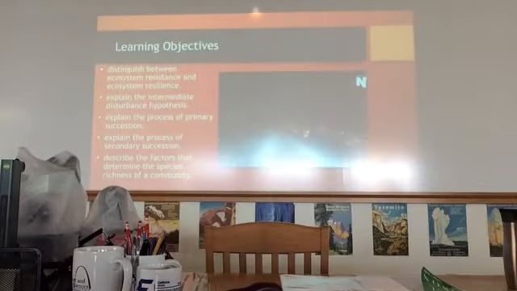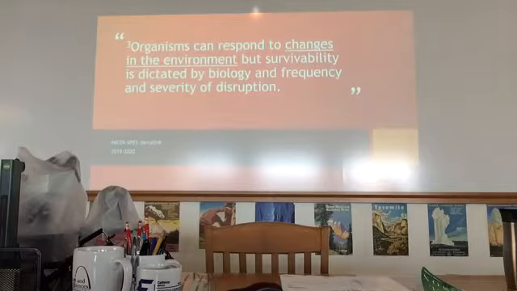So with that, let's start here. This is one of the big central pillars of our class, and I underlined the key stuff that we're really going to focus on today. Disturbance is a stand-in for changes in the environment. The third statement is, organisms can respond to changes in the environment.